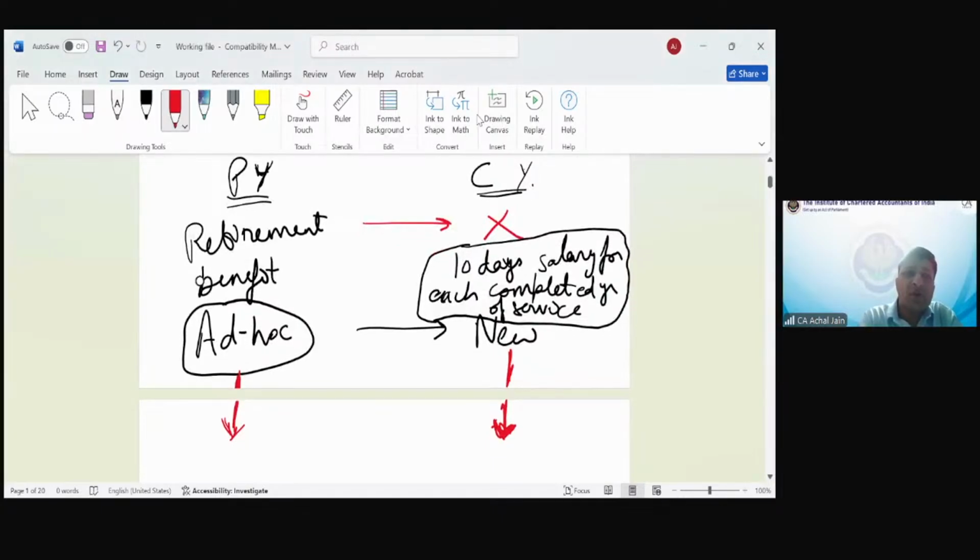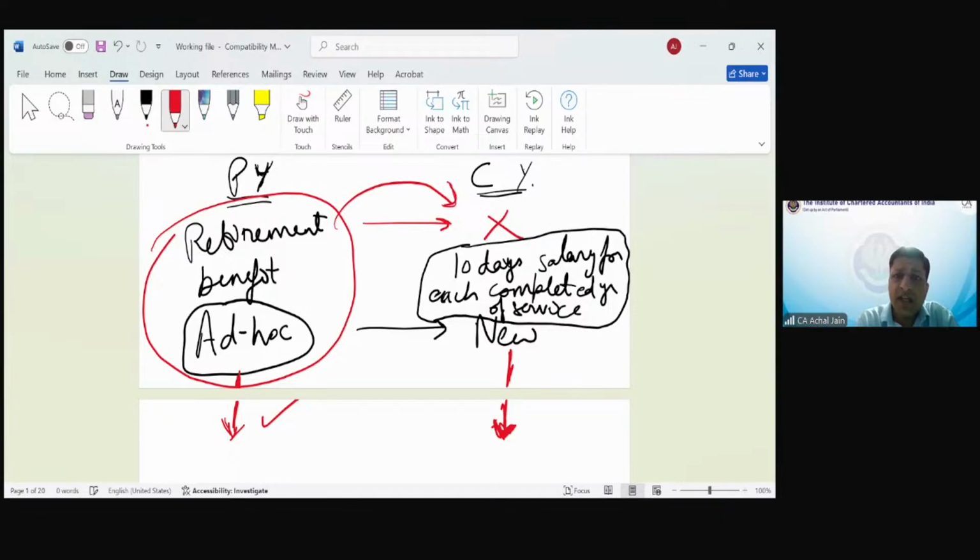Now, let's suppose there was a situation that company is continuing with this retirement benefit. Let's suppose there was some way this was getting recorded in the previous year and company continues with this in the current year. So forget about new one. Company continues with this in the current year. But the way of recording this ad hoc benefit in the current year, let's suppose company wanted to change.